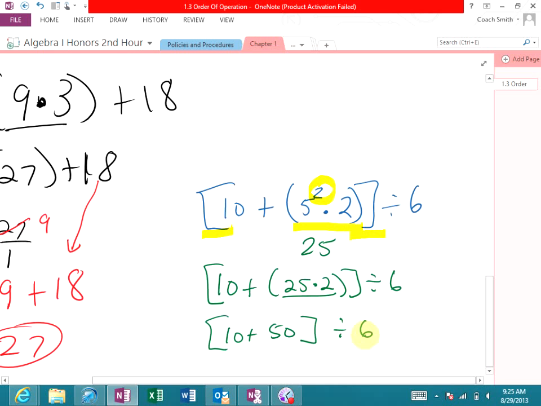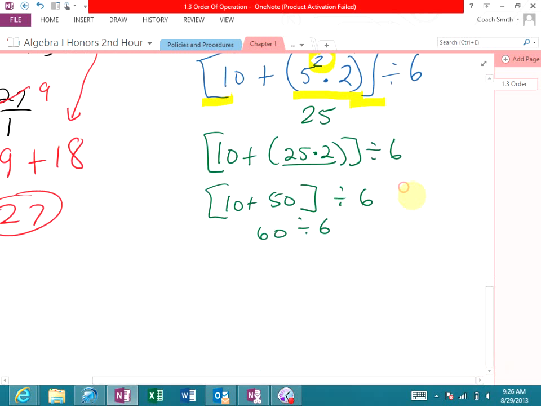Okay, now we've taken care of our parentheses, so now we're just down to the bracket. We still have to do the bracket before we do anything else. Michael Grubbs, what do we get when we get 10 plus 50? 60. So we have 60 divided by 6. Now our bracket is gone.